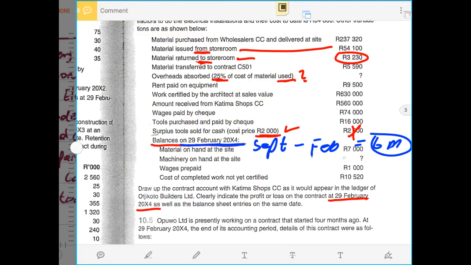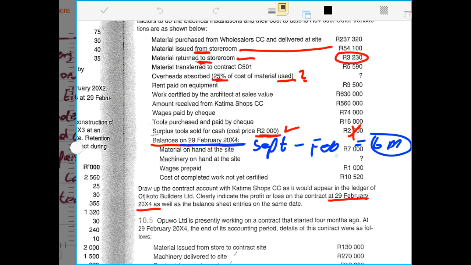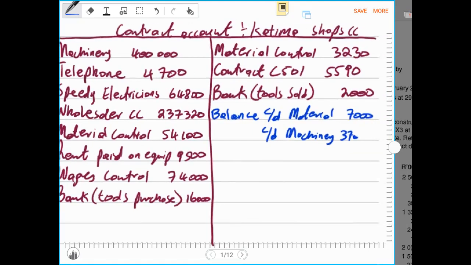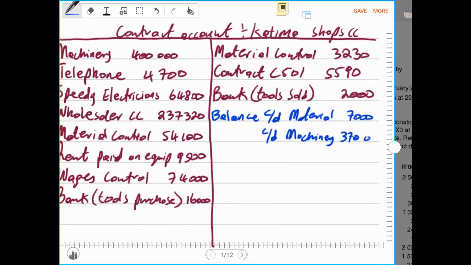So now we go and record in the contract account on the credit side under the carry down, and under carry down we say machinery 370,000 rands.